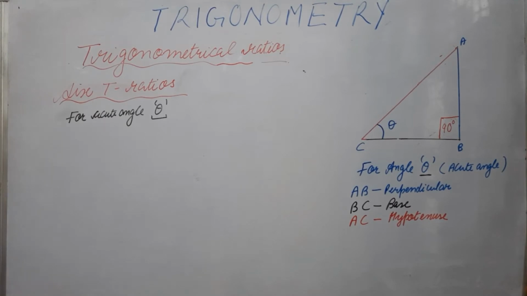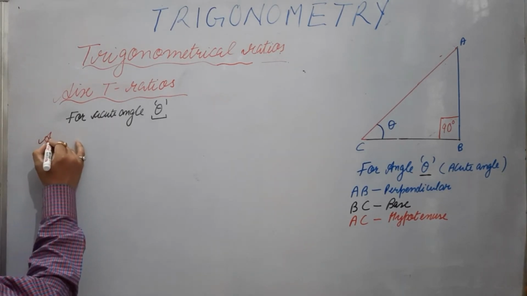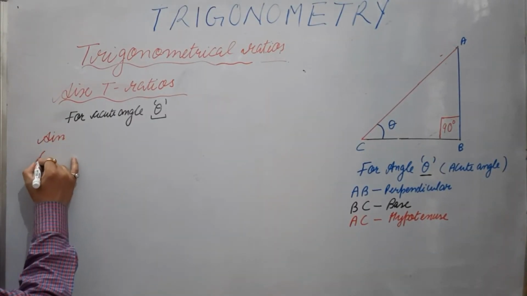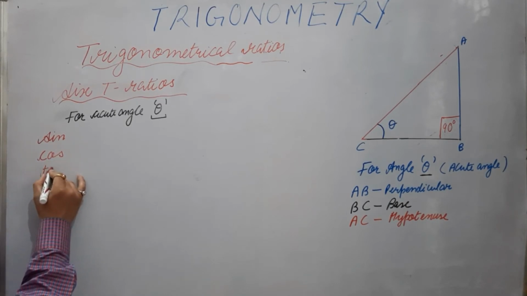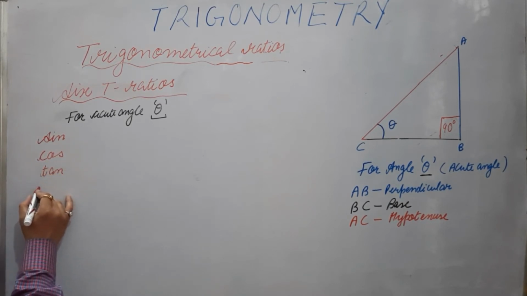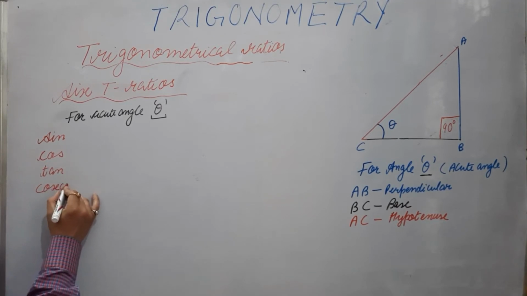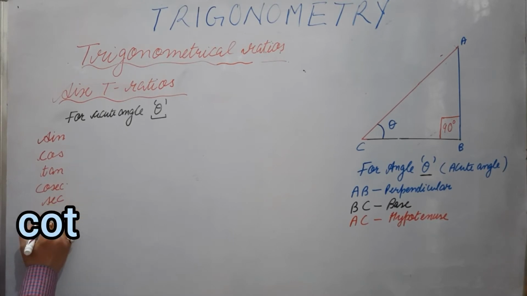So the 6 T ratios in short, we write: first is sine, the first 3 letters, next is cos, then tangent, fourth is cosecant, fifth is secant, and sixth is cotangent.